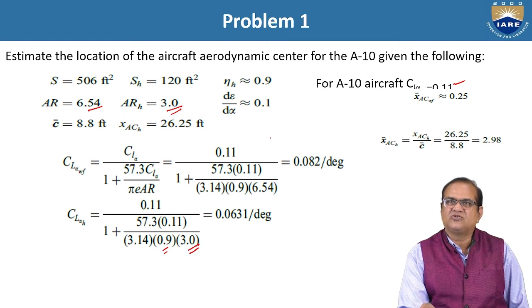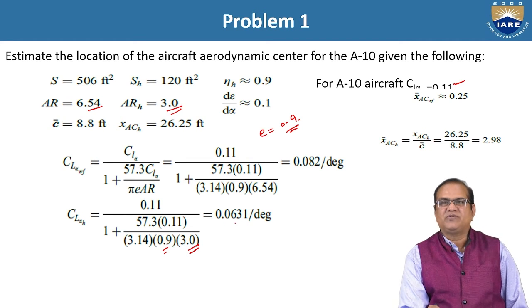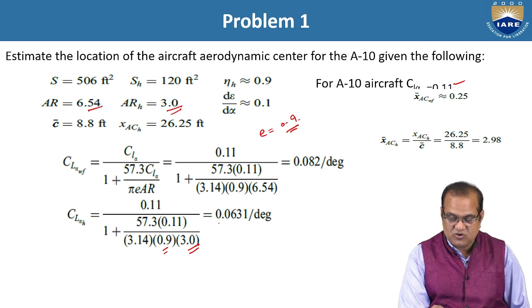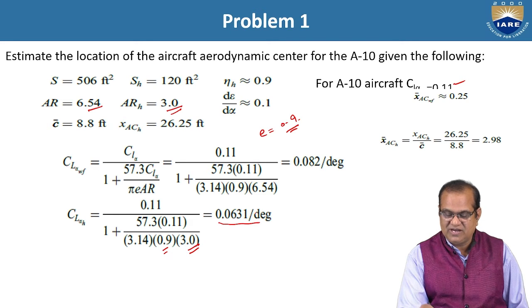We can assume that E is equal to 0.9. So we got CL alpha H, the lift coefficient slope for the horizontal tail, as 0.0631, and for the wing 0.082 per degree.